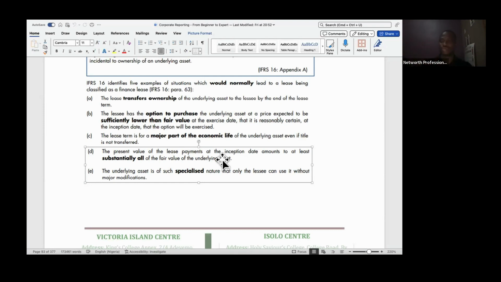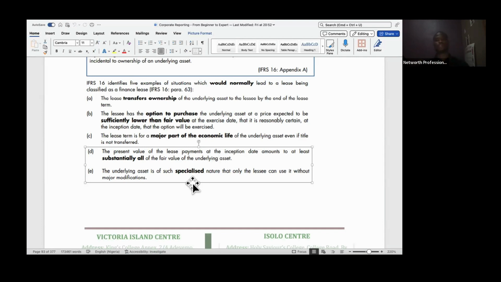By the time you compare that with the fair value, if they are the same, it's as good as the lessor has sold the asset to the lessee and it now allows the lessee to be paying instrumentally. That's it. Okay. So that also indicates that the risk and reward has been transferred.